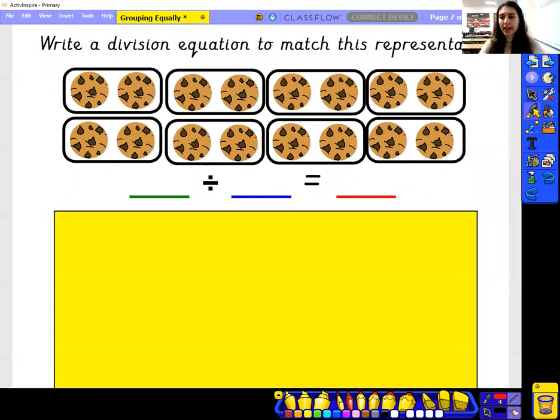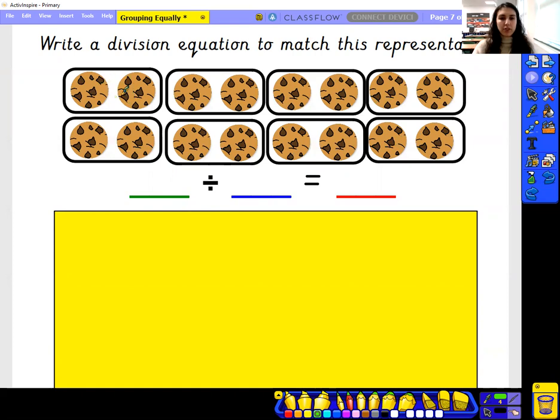So let's have a look at this and writing it out as our division equation. So remember, when we do division, it's the opposite of multiplication. So when we do division, we must start with our whole. So this number here represents the total number of cookies that we're starting with.